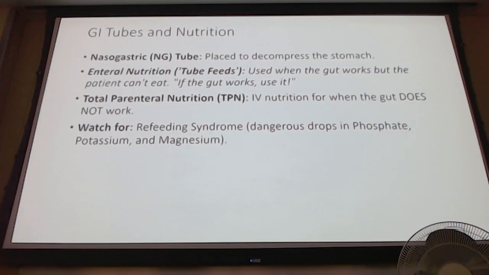And we start giving them food, any type of caloric input, that can actually drop their phosphate so low that they enter into refeeding syndrome and not do well. Okay? But if the gut works, we use it. We try to start feeding the gut as soon as humanly possible.